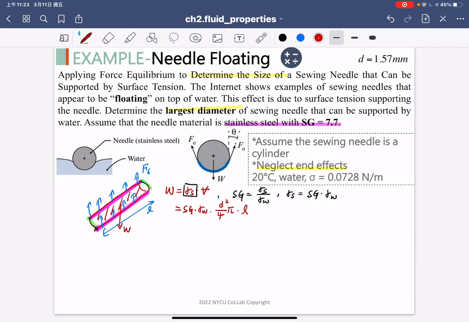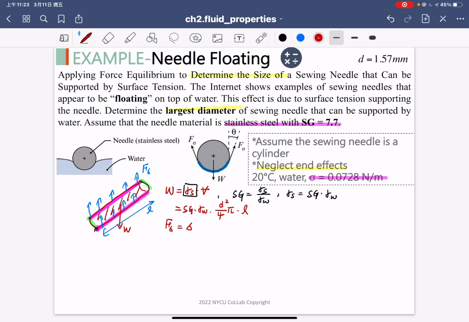And then the second, we need to compute the F sigma. As we know, this question is for the water. So we know that the water at 20-degree conditions is equal to 0.0728.